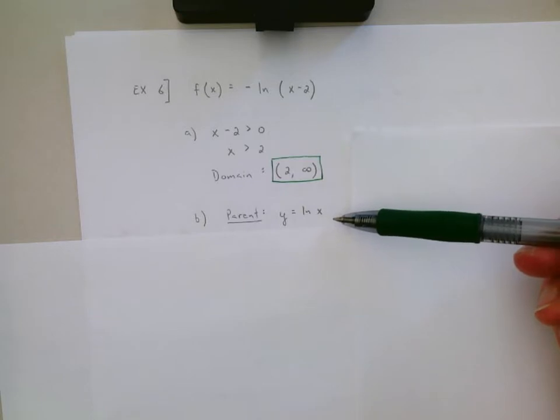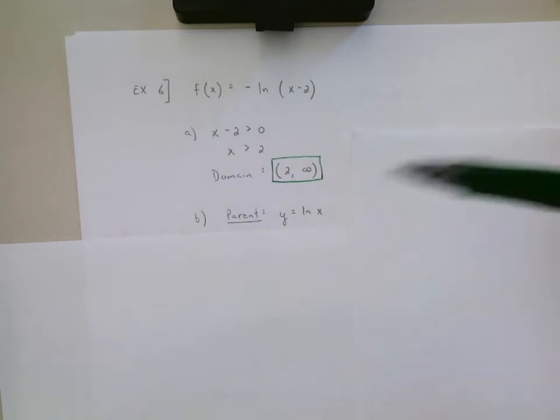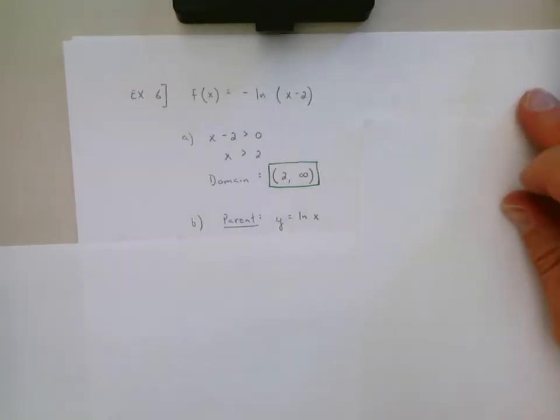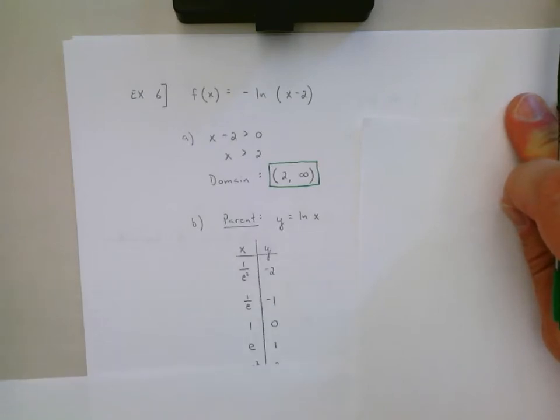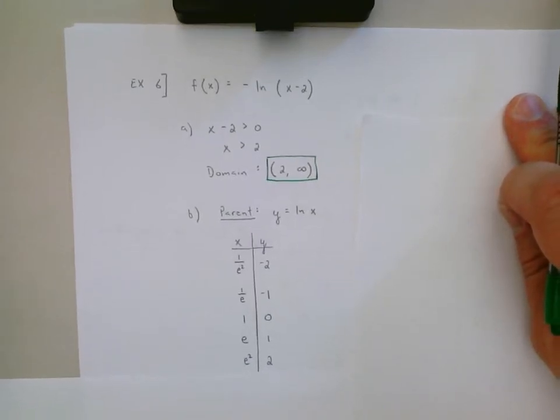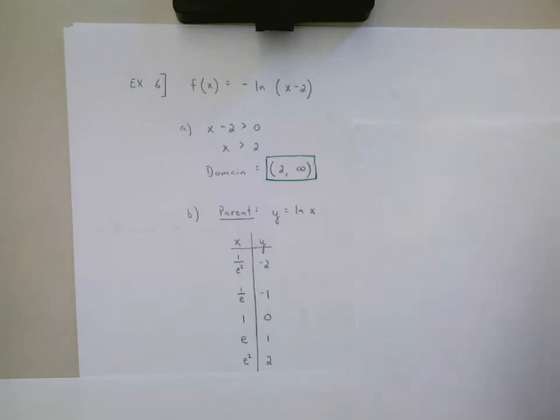In order to graph this parent function, I need a table of values, and I'm just going to present that to you as a whole. There's our table of values. And you'll say, well, where did he get that so quickly? Remember that previously we have graphed the function y equals e to the x power, the exponential function with the natural base.